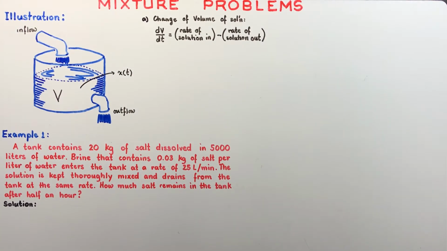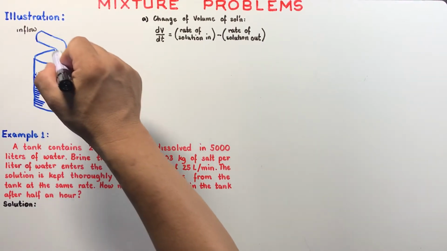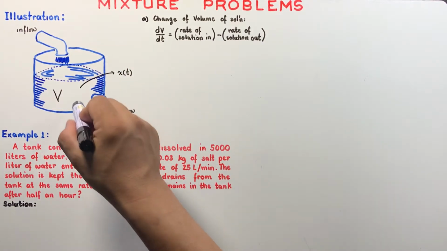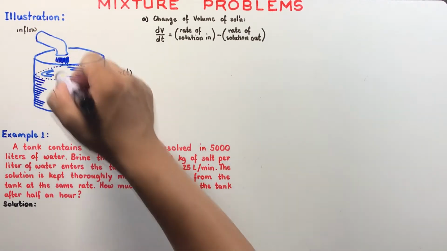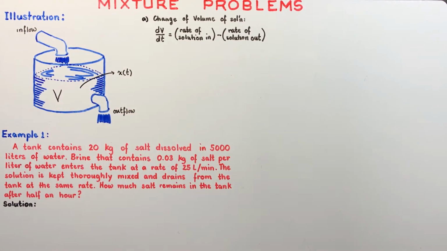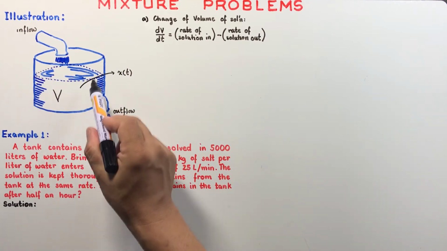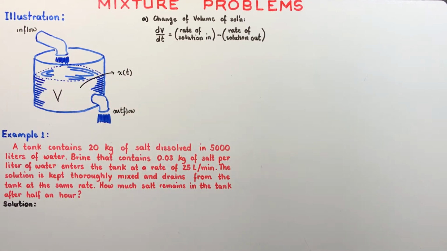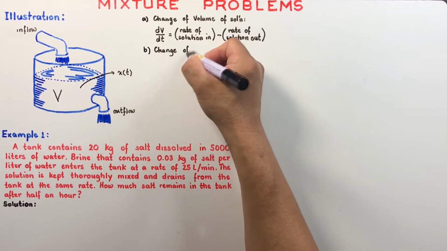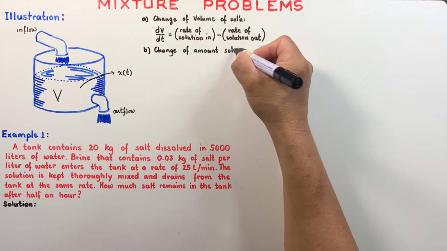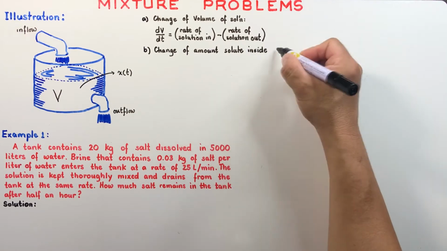Now take note that there is only a change of the volume if the rate of the inflow is not equal to the rate of outflow. Because if the rate of inflow is equal to the rate of outflow, there will be a constant volume of solution inside the tank.